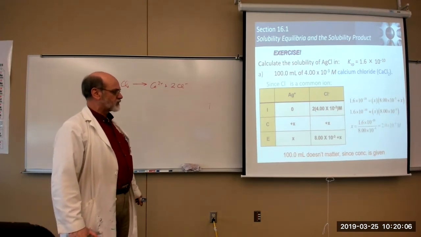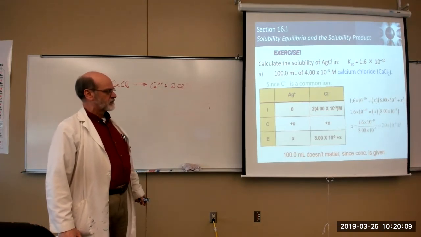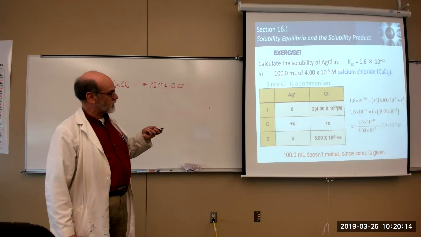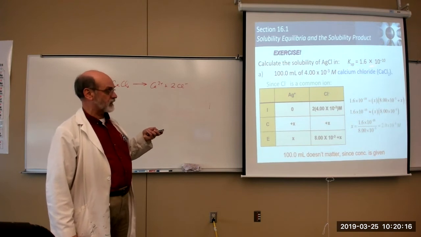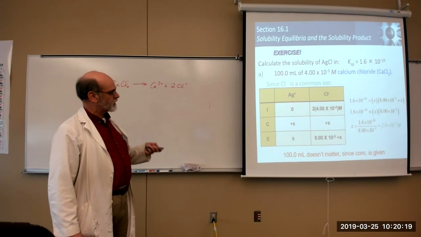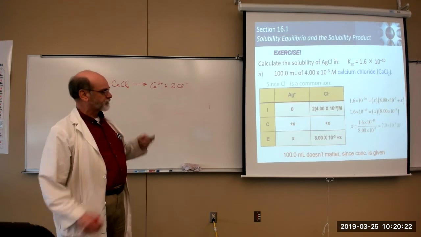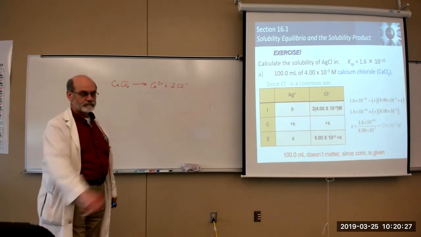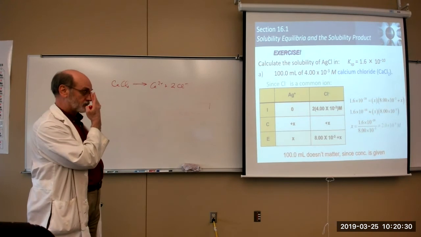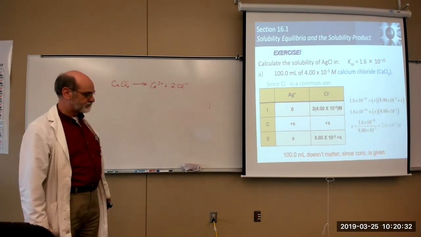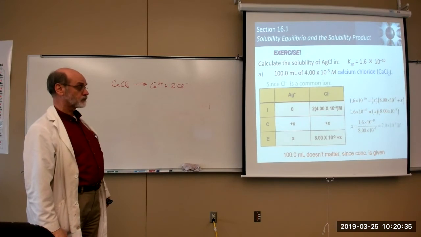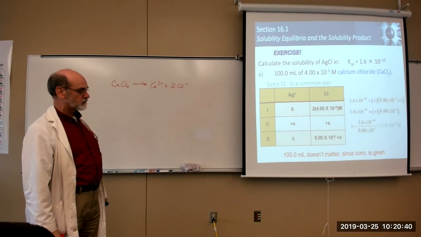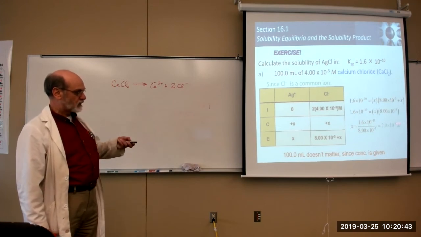So we've actually got two solubilities competing with one another. It's this original solubility, which is virtually 100%, and then the solubility of the silver chloride. So that number we solved for down there, that X, is just saying that if you have an aqueous solution that already has calcium chloride in it and you throw in some silver chloride, that is going to be the final concentration of the silver chloride?